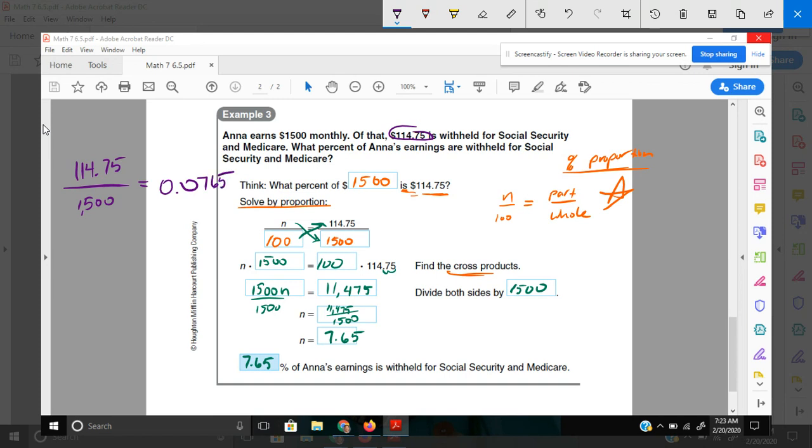And if you notice, this is a decimal, and I'm looking for a percent, so I need to move my decimal 2 spots to the right. 1, 2, and I get the same thing that I got using the percent proportion. 7.65. And I just get that by taking my part divided by my whole.